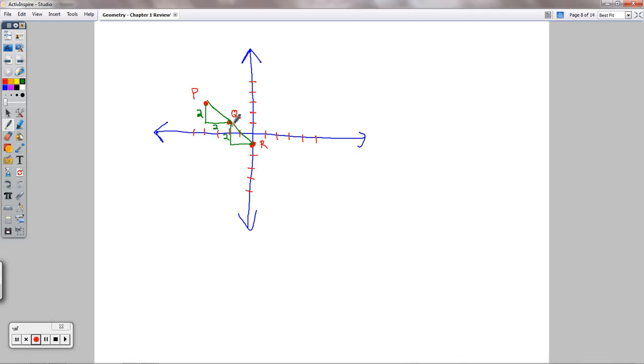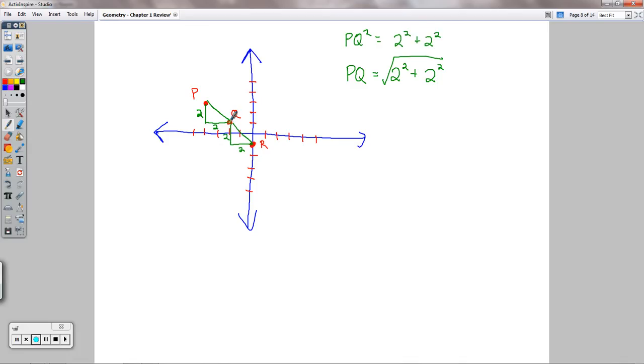And the same thing here. I'm going from -2 to 0. That's the difference in my x value. So notice, using the Pythagorean Theorem, I've got PQ equal to the square root of 2 squared plus 2 squared, because PQ squared would equal 2 squared plus 2 squared.